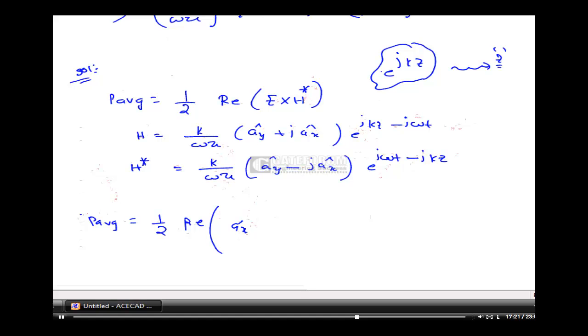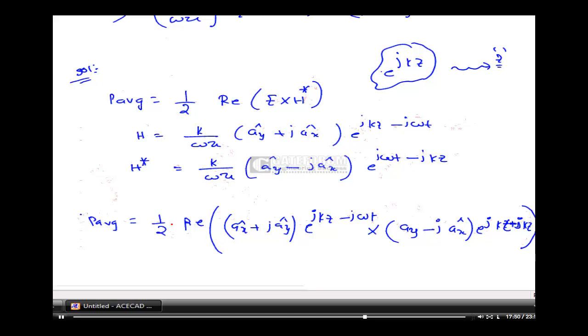(Ax bar plus j Ay) e power j kz minus j omega t cross (Ay minus j Ax) e power j kz plus e power j omega t minus j kz. Amplitude is K by omega mu, so K by 2 omega mu.